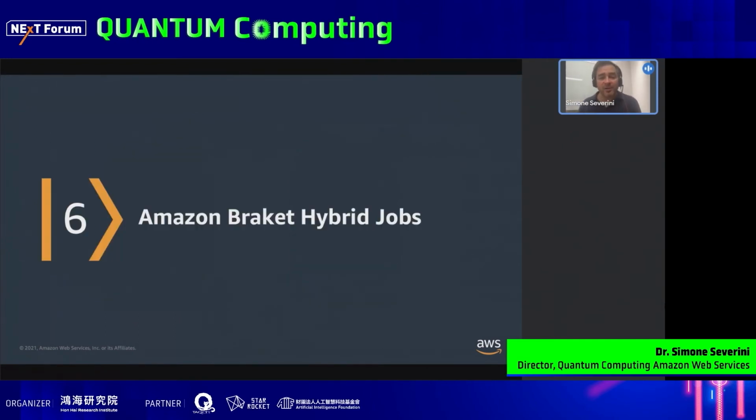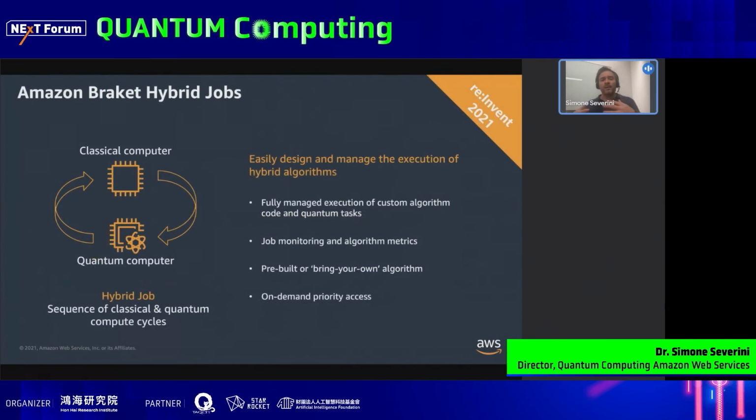Another thing that we launched recently, in fact at re:Invent again last week, is a feature of Amazon Braket called Amazon Braket Hybrid Jobs. Right now, there is lots of discussion out there in the scientific community about what to do with quantum computers in this current phase.